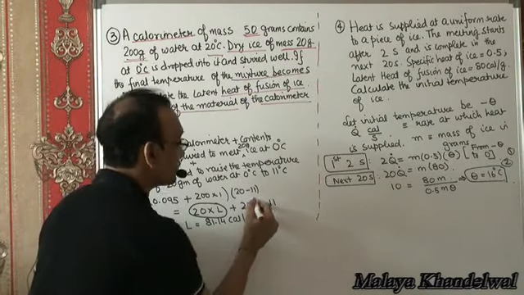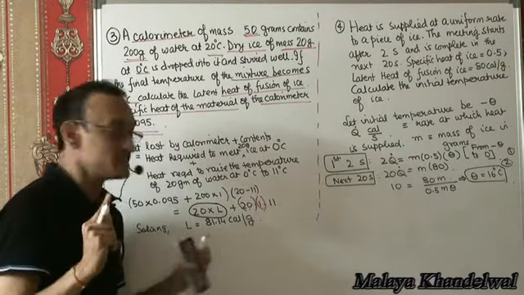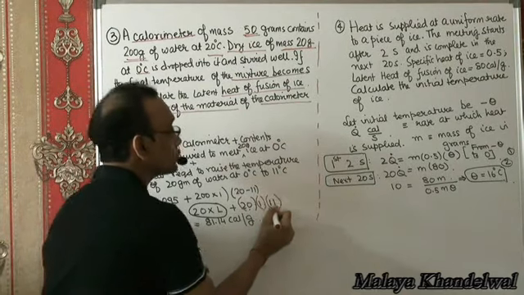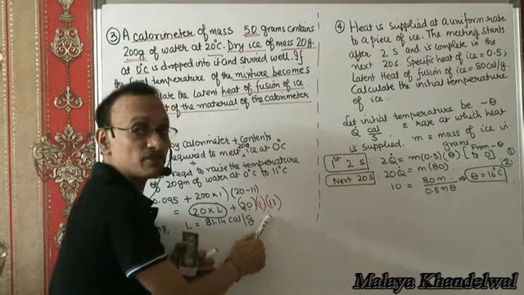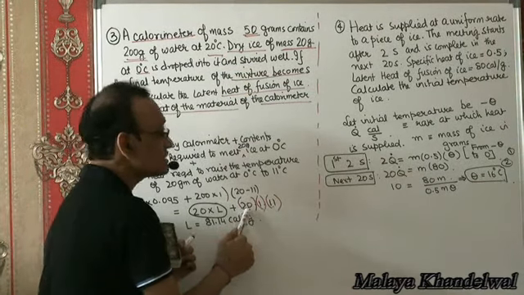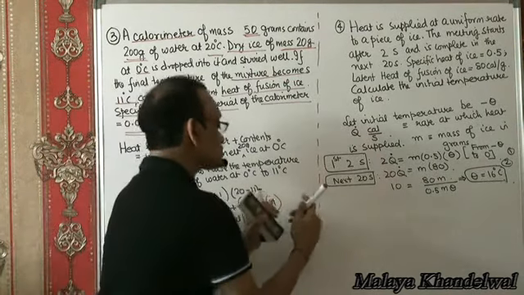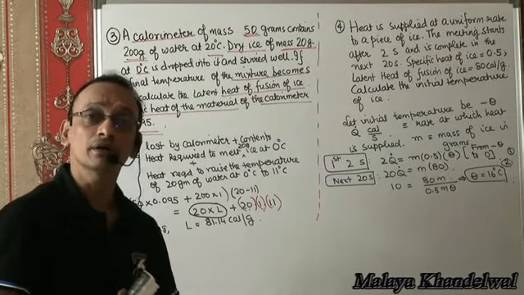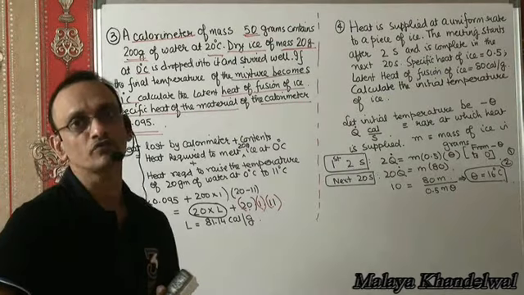And then I have 20 grams of water at 0 degrees centigrade converted into 20 grams of water at 11 degrees centigrade. If I take the specific heat of water to be 1, then the sensible heat required would be mass into specific heat into 11. So 20L plus 220 calories is the heat that ice would have got. And where would it have got that from? From the calorimeter along with its contents.